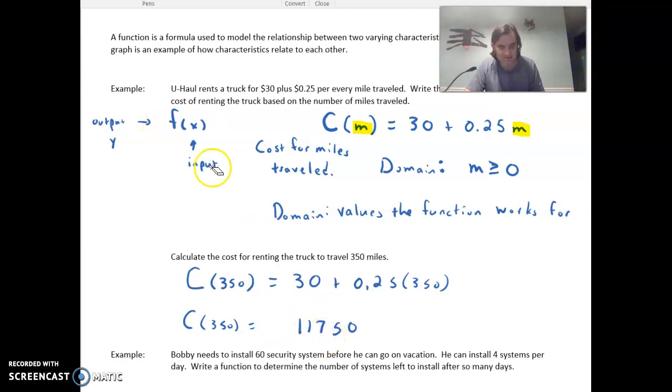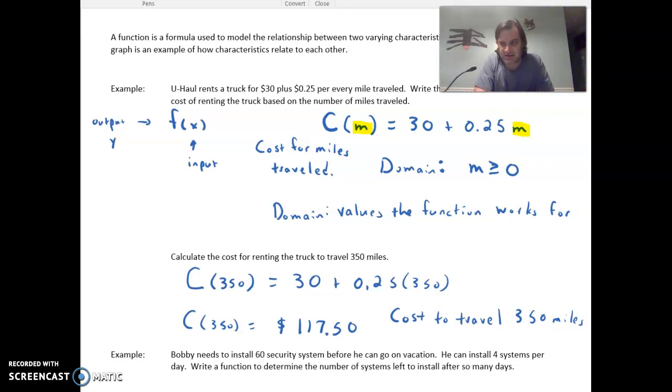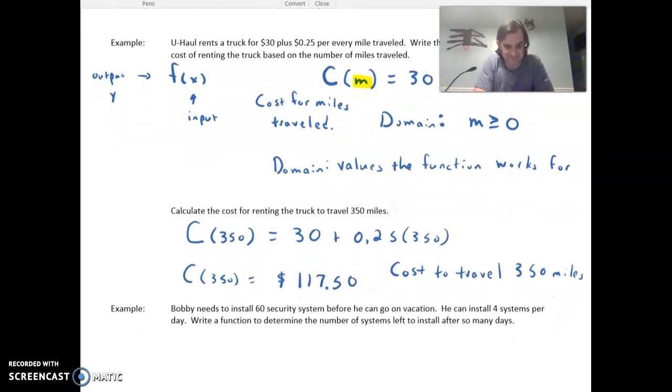Let me clean up my dollar sign too. But this is the cost to travel 350 miles. Okay. So we just got to get used to that function notation. Even if you can't write the formulas yet, that's fine.